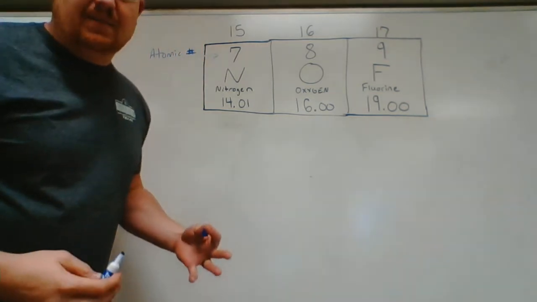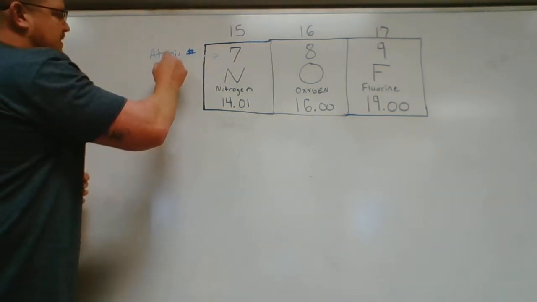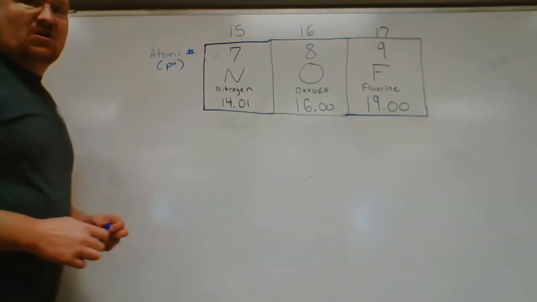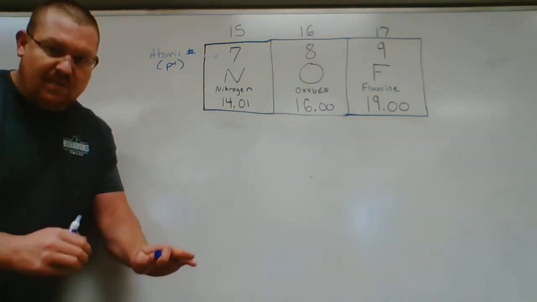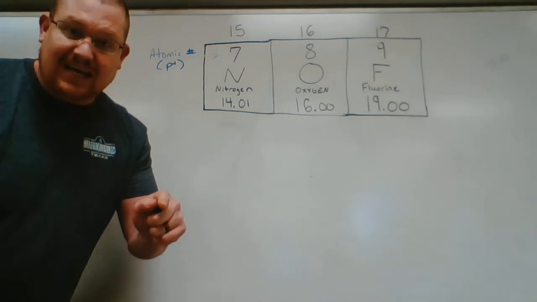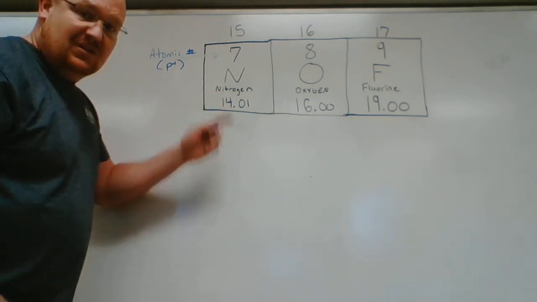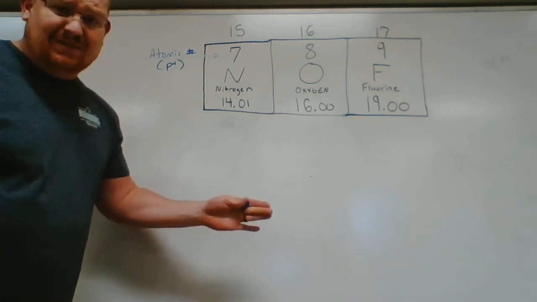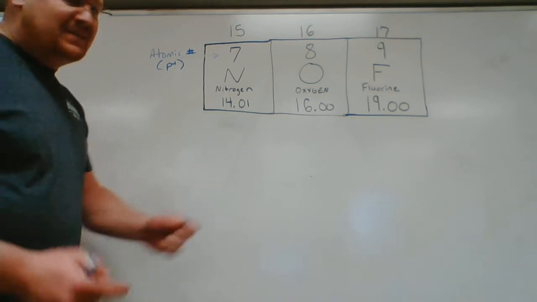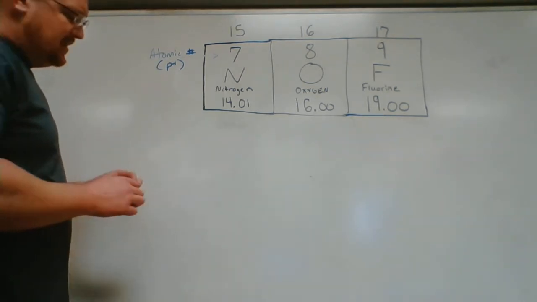What this atomic number tells us is how many protons there are every time, all the time, no matter what. Protons don't change. They cannot change unless, we'll talk about it later on. If we're going to have nitrogen, nitrogen's going to have 7 protons. That's it. Don't worry about it. It's going to have 7. And that's what this number tells us.